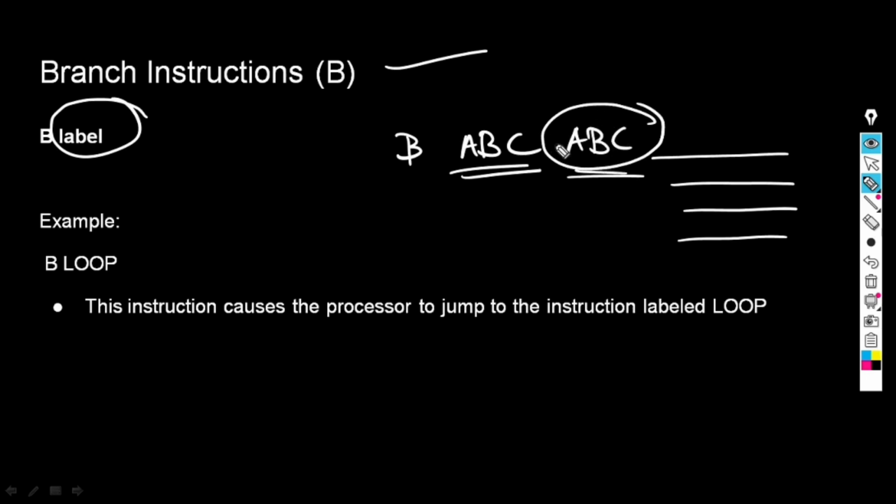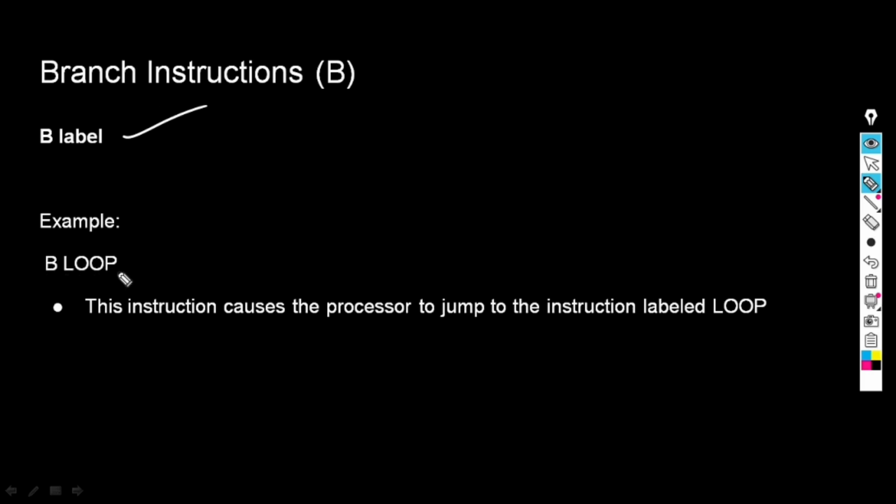So whenever I use this particular name, the address associated with that will be the location where the branch happens. They have given this particular example, and as specified here, this instruction causes the processor to jump to the instruction labeled loop.